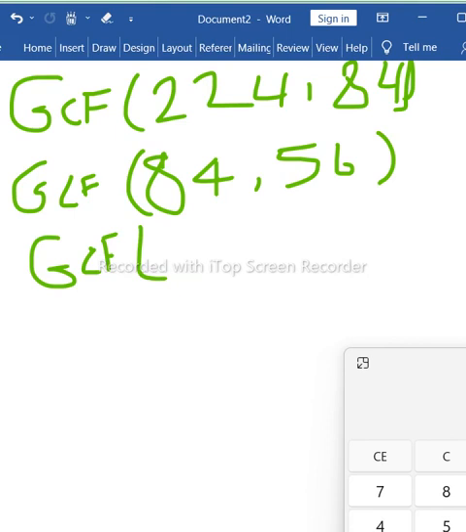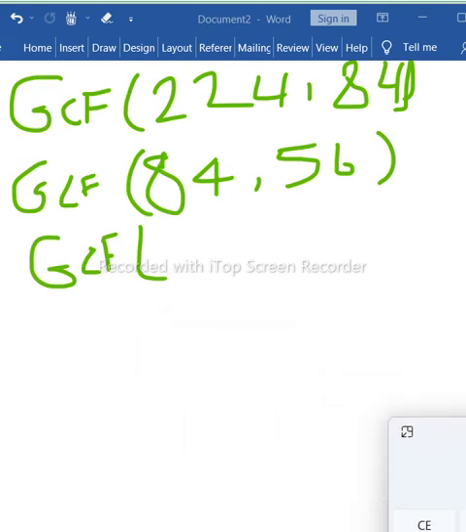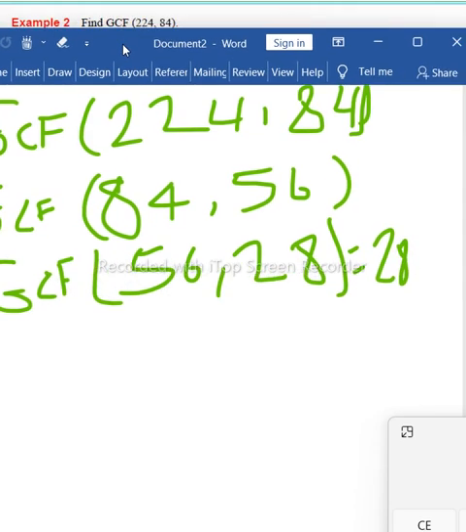The remainder is simply subtracting 56 from 84, and we get 28. So the greatest common factor of 56 and 28 is 28. Now we have to stop, because 56 divided by 28 has remainder 0.